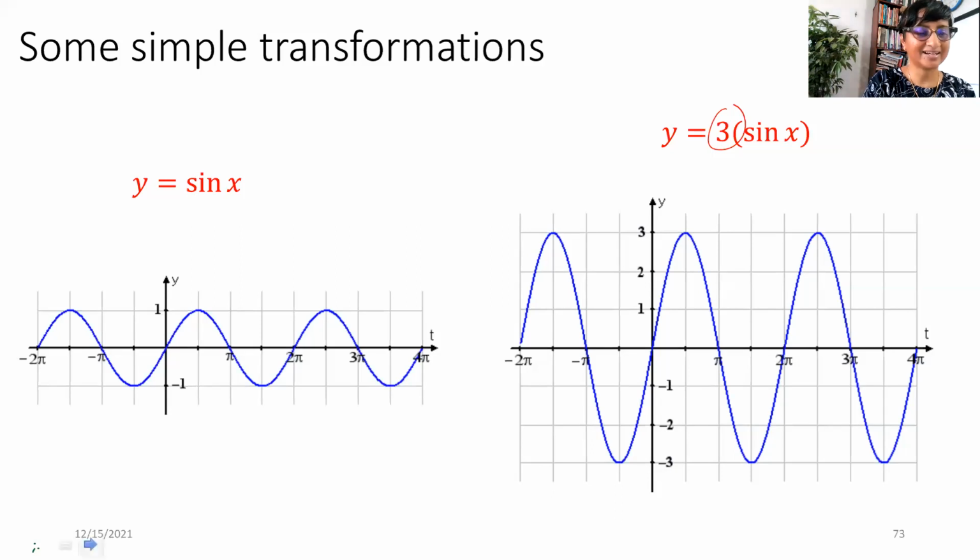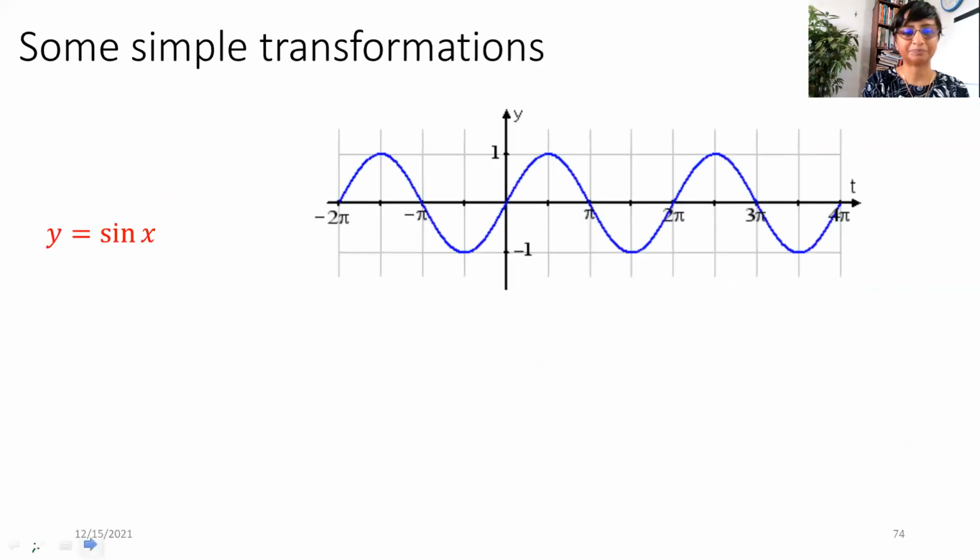Okay. Another simple transformation. So this is sine x. If I change x, if I multiply x by a number, say if I do sine 2x, not multiply the whole sine, but the x input by a number, like 2x, what do you think will happen?